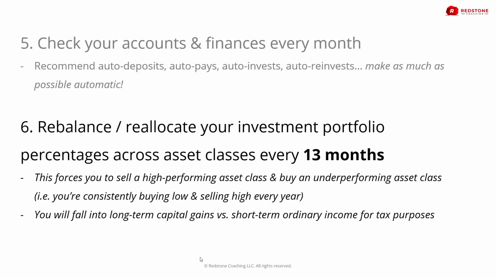Just to make numbers easy again, let's say you're making $100,000 a year, and you're paying 25% in taxes, so you're actually taking home $75,000. Well, if you have investment income that you sold within 12 months, you get short-term ordinary income taxes on it, and you're going to be paying your marginal tax rate on that. So you're going to be paying 25%.